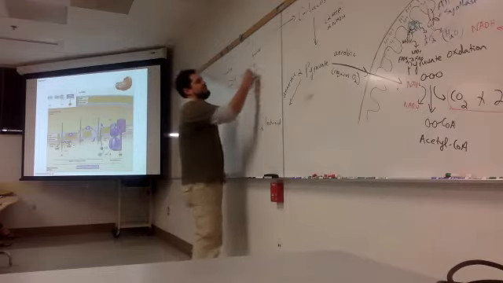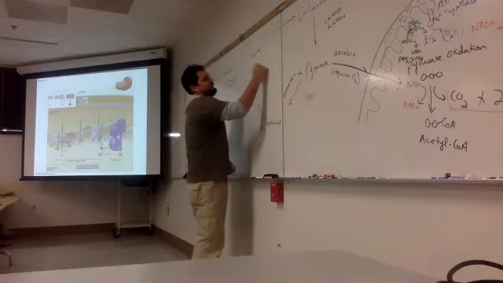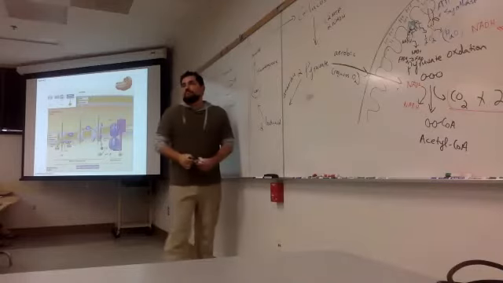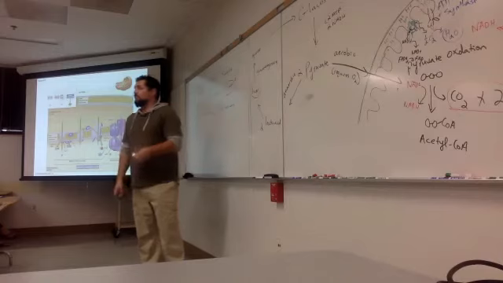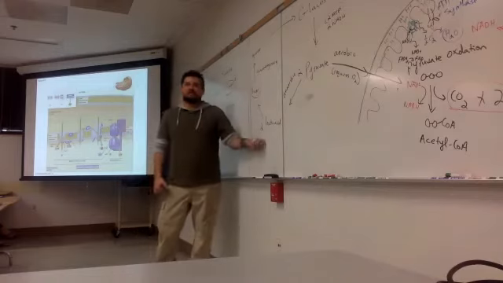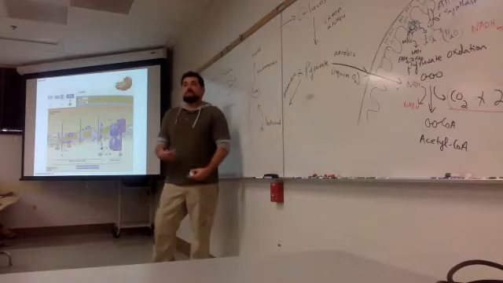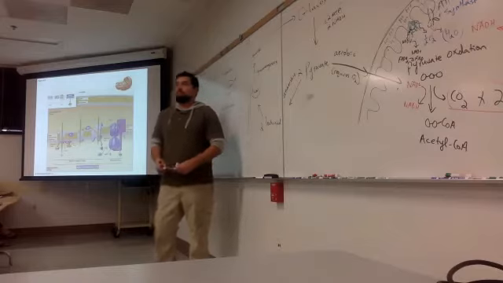So this process is known as gluconeogenesis, and all that means is when you make new glucose. You can do gluconeogenesis with lactic acid, with pyruvate, with alanine, which is an amino acid, glycerol, which comes from fats, all kinds of stuff.